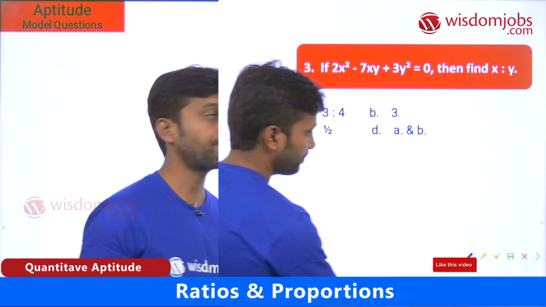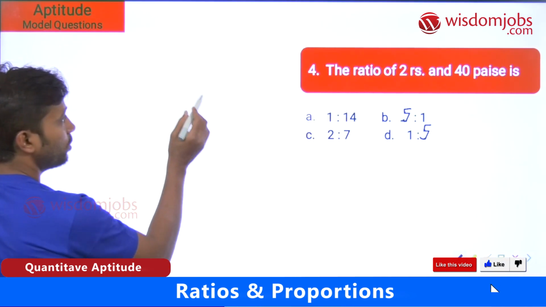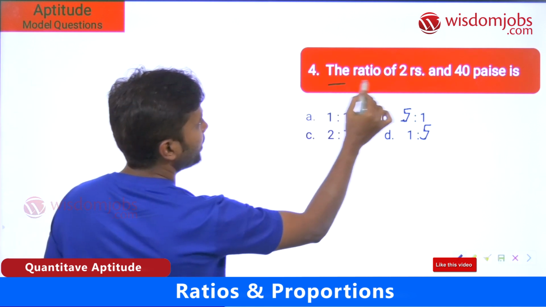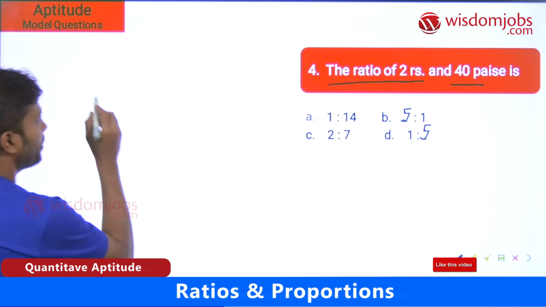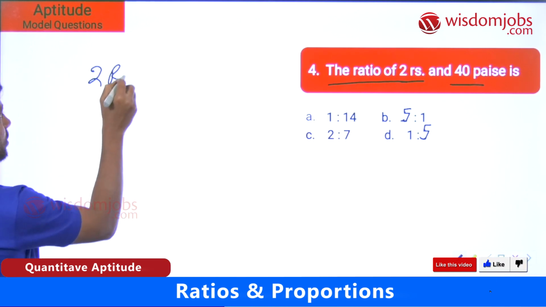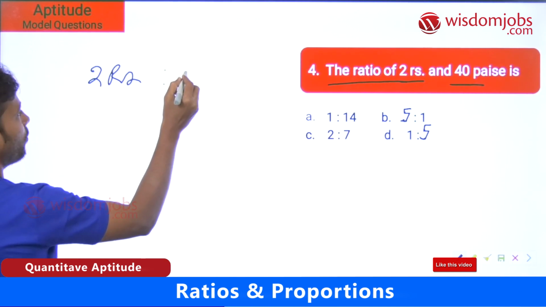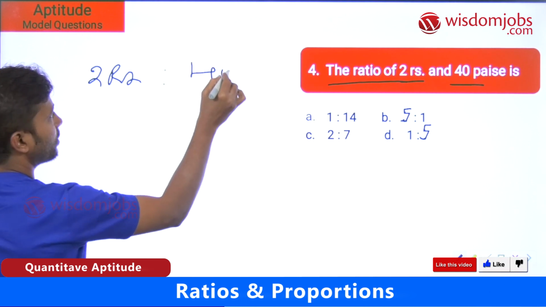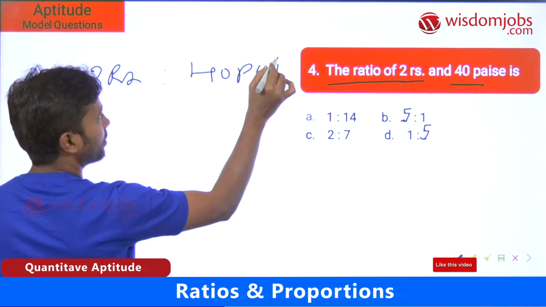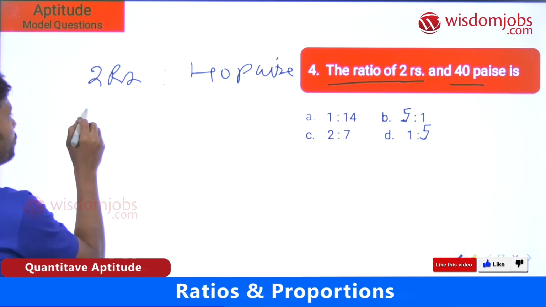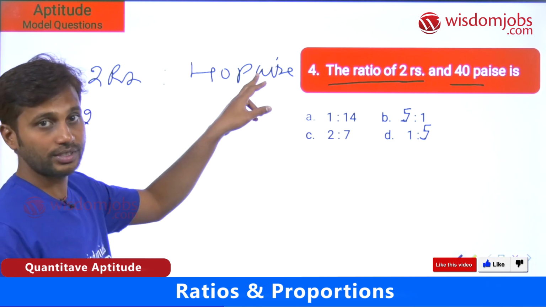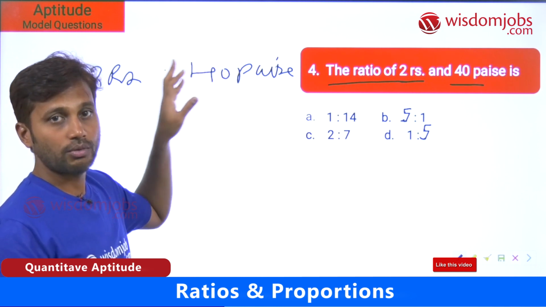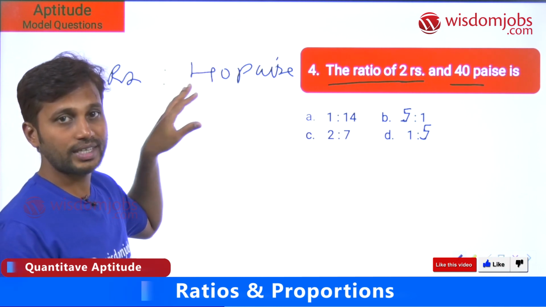Next, your next question would be: the ratio of 2 rupees and 40 paise is dash. So let us take the ratio of 2 rupees and 40 paisa. See here, before taking the ratio, you must convert them into the same units, because quantities in a ratio must have the same units.